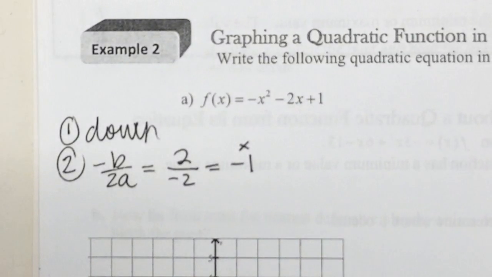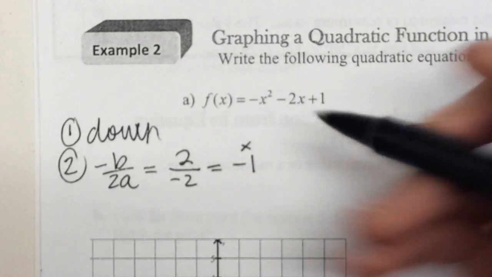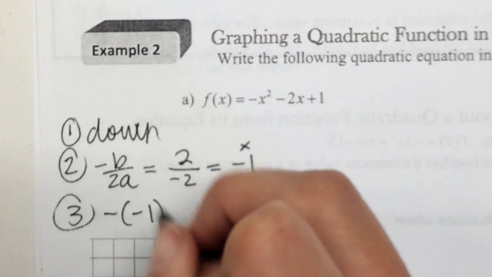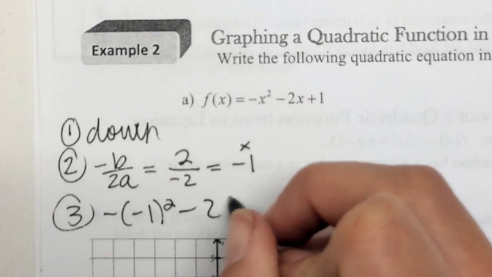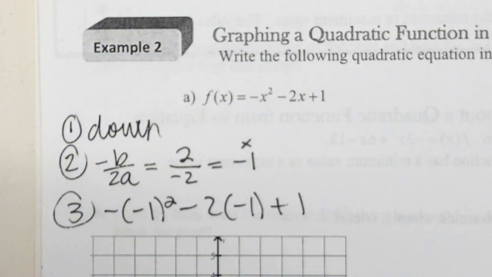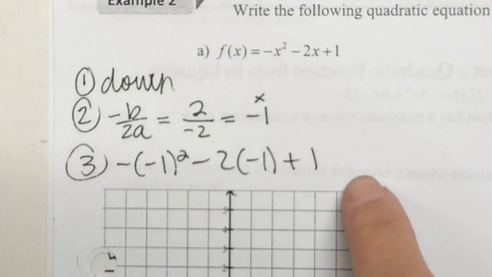To find your y, you're just going to plug this in for your x value to find your y. So for part 3, it's going to look like this. Negative 1 squared. I'm just replacing x with negative 1. Minus 2 times negative 1 plus 1. Alyssa, what would I do first here if I'm trying to find out what this is?